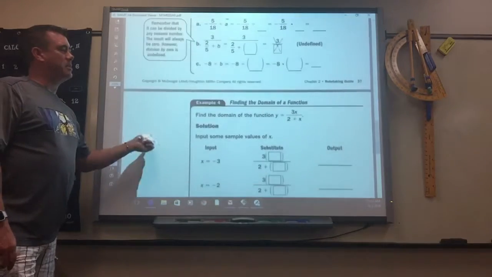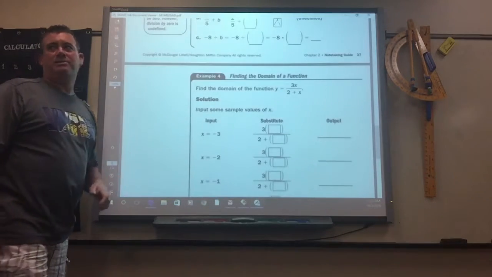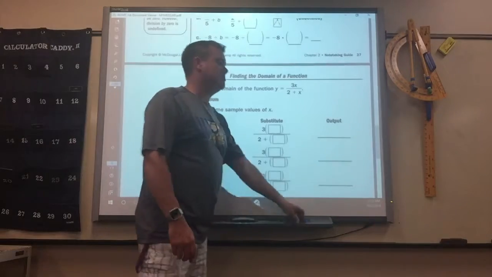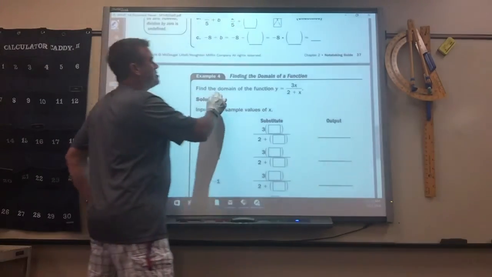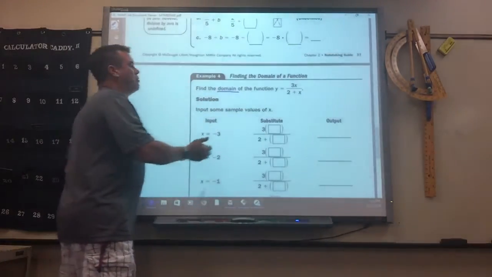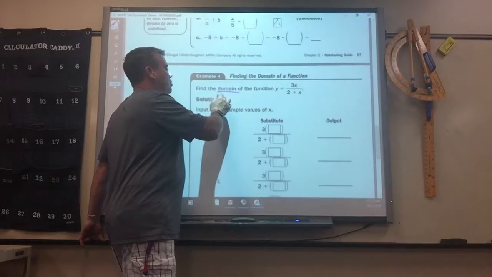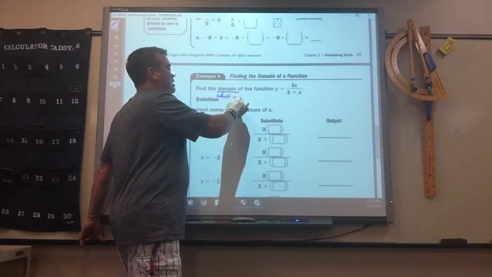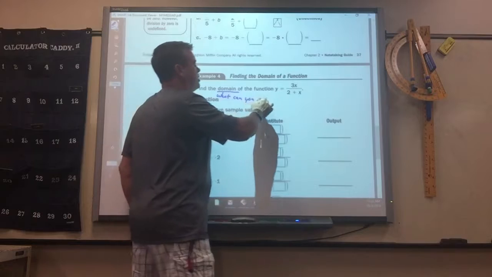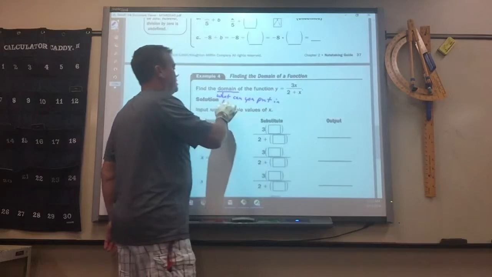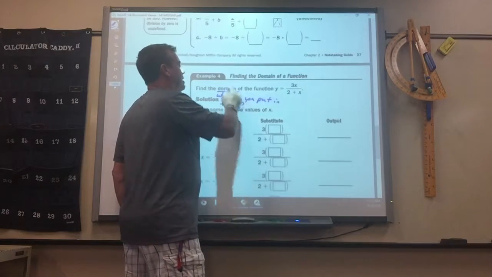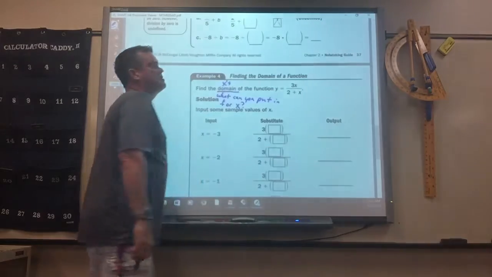Now, this is something that's new to you, finding domains of functions. Anytime it asks you to find the domain, what they're asking is, what can you put in for x? Because the domain is all the x's.